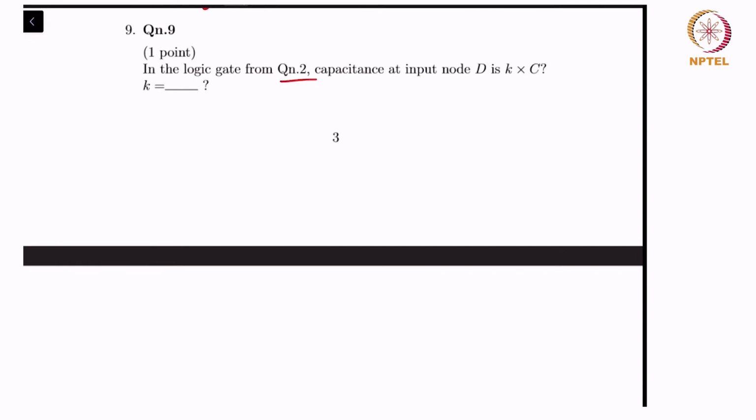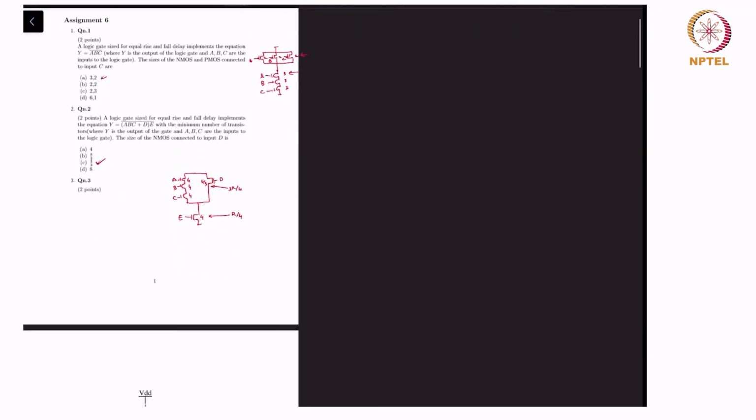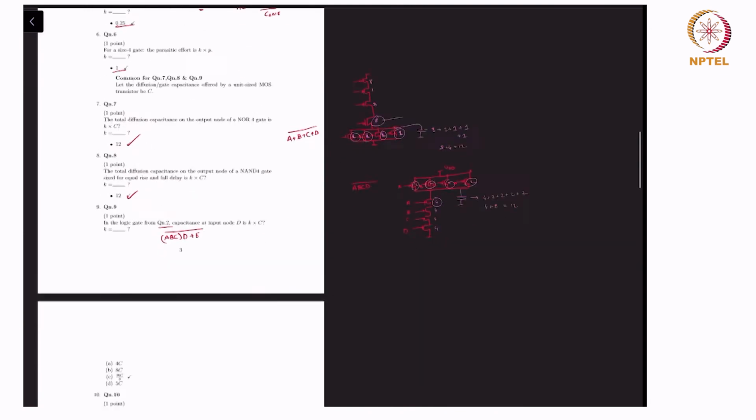Question 9. In the logic gate from question 2. So I think question 2's logic gate was A, B, C times D plus E the whole bar, if I'm not wrong. Yes. So let's copy that figure.